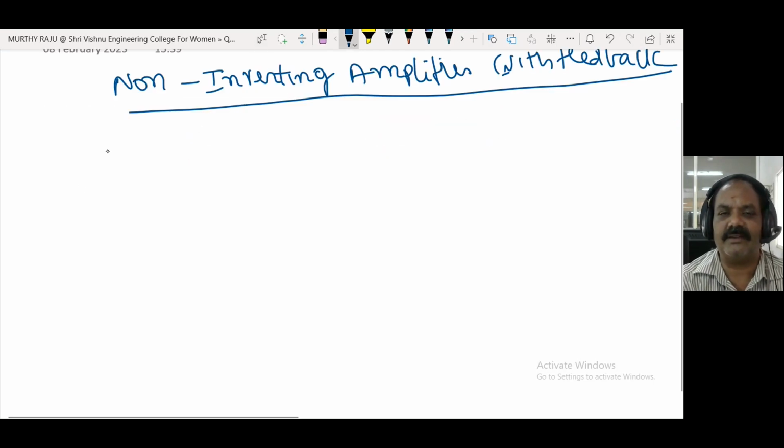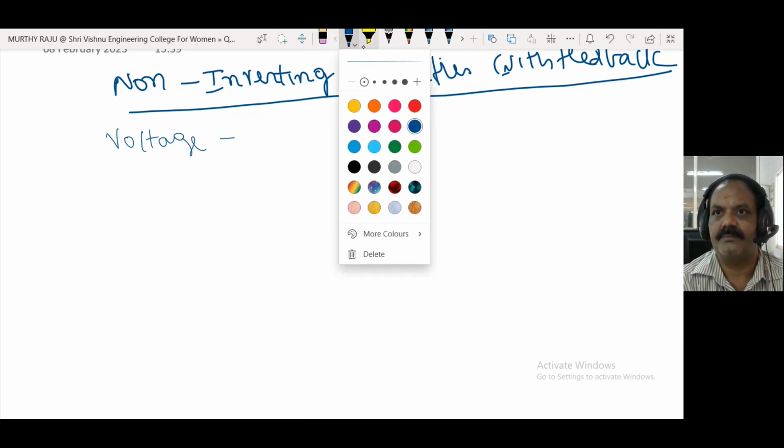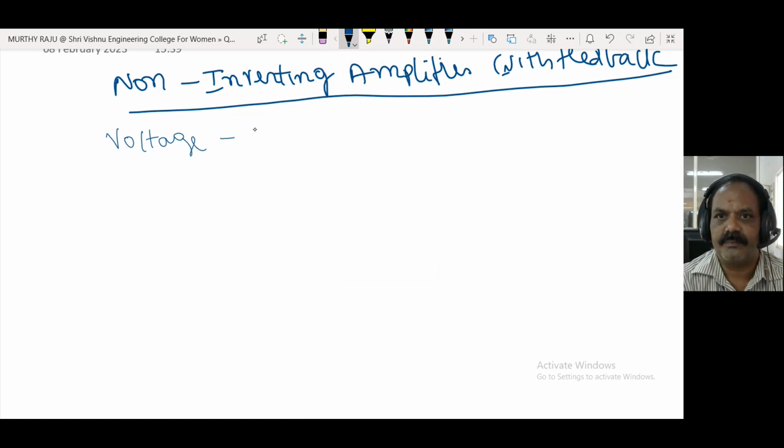It is also called a voltage series feedback connection. Voltage series feedback connection.